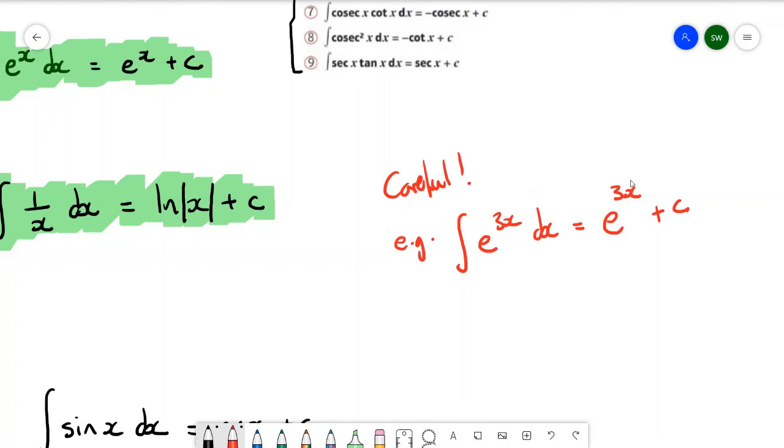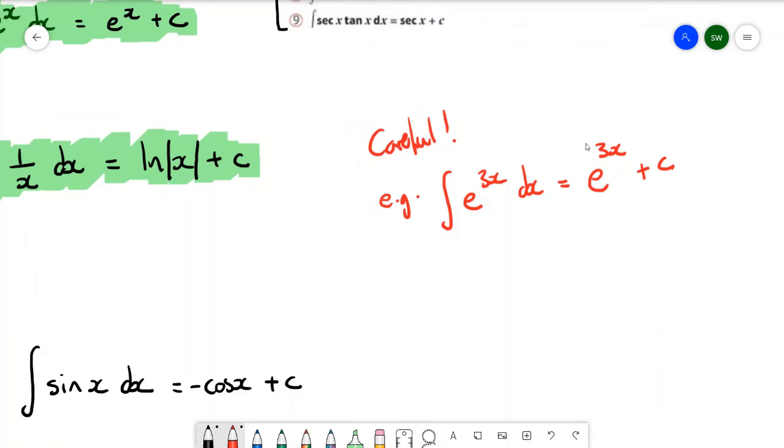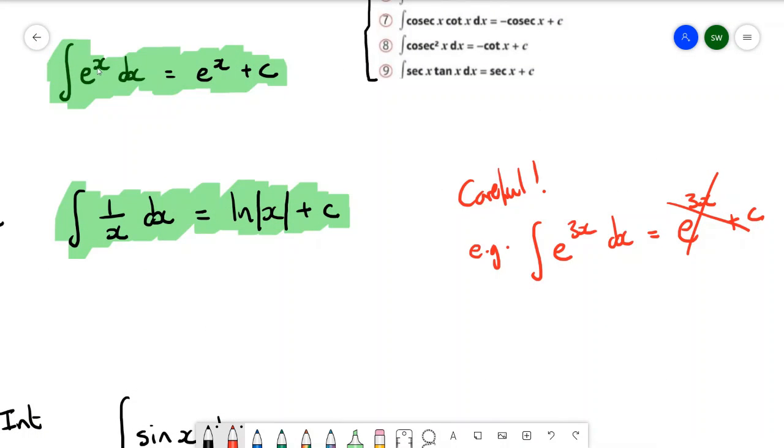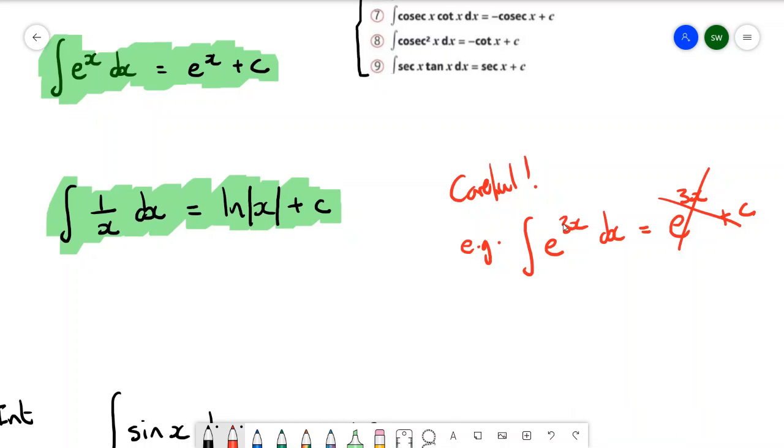You can convince yourself that this isn't true, because if you differentiated e to the 3x, you would actually get 3 e to the 3x, not just e to the 3x. So this would be incorrect. These integrals that we've written here only work for the time being if we've got x. We will deal later on with the problem of what happens if we did have 3x there.